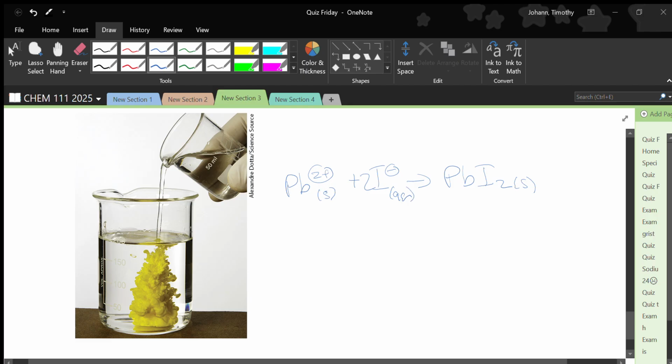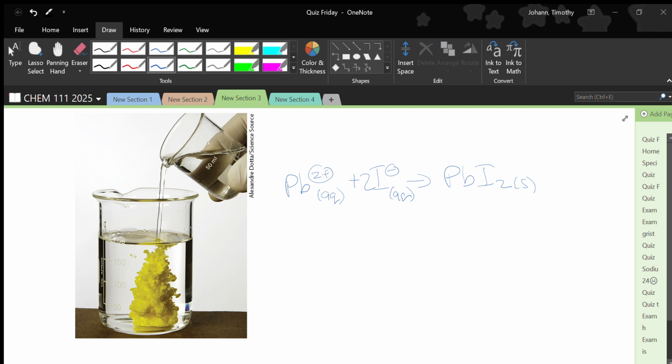And this is not solid lead, it's aqueous lead. You'll never have anything charged that's a solid, at least in this class.